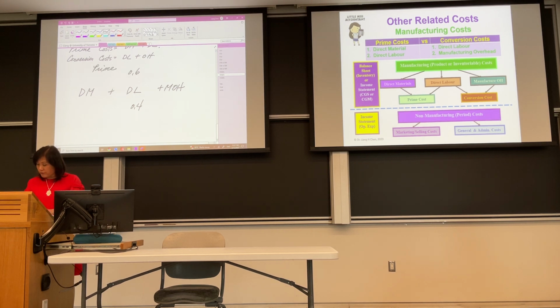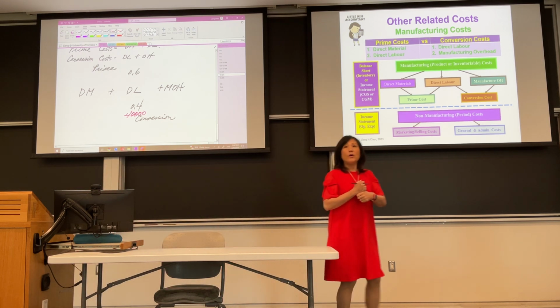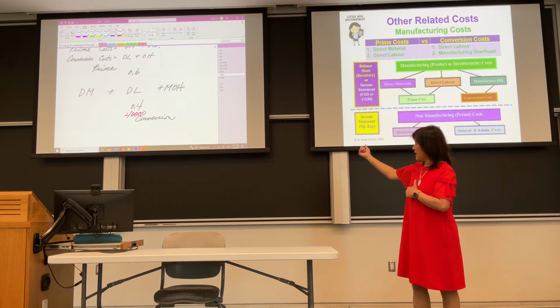And I want you to figure out each cost, but I'll give you more information. Okay? So suppose I say direct labor is $40,000.